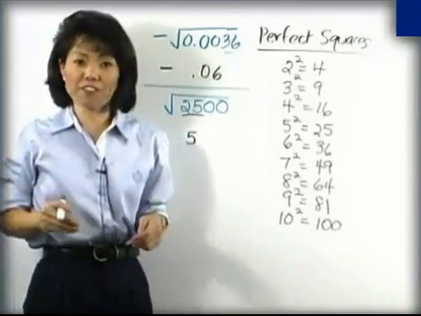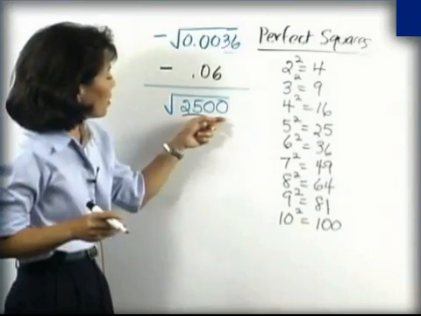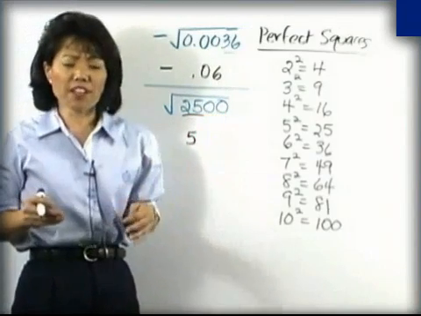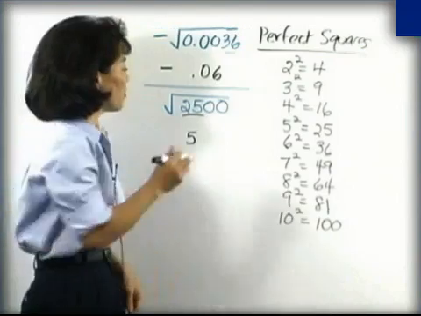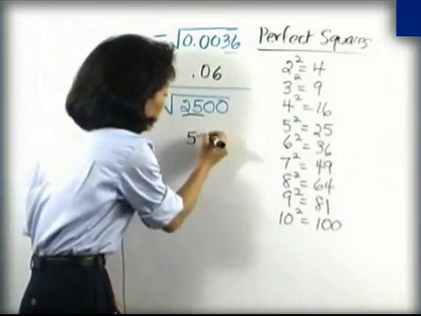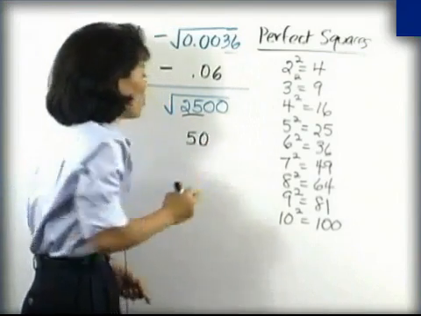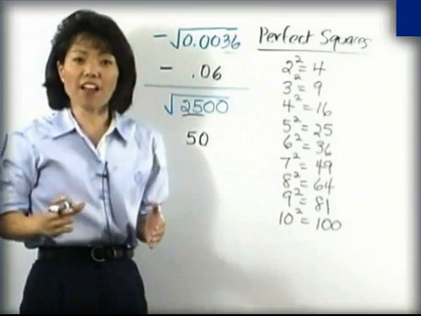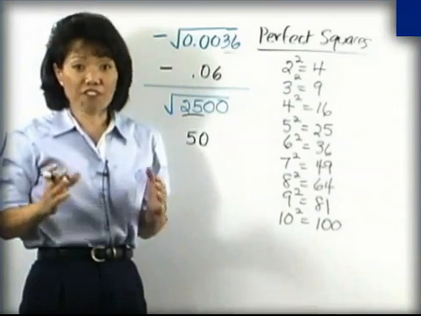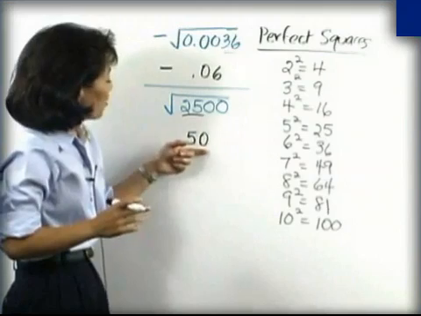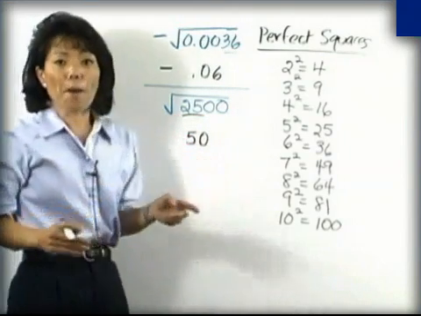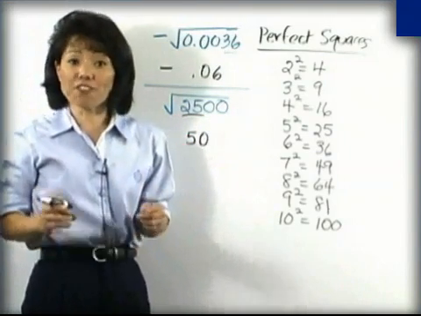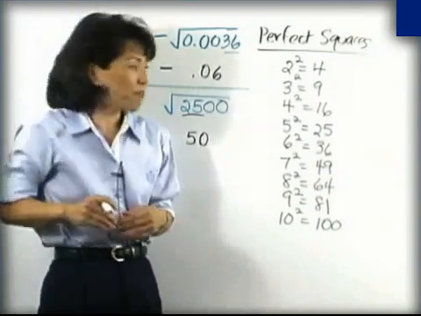But because we have 2,500, we've got a couple of zeros to contend with. So what number times itself is equal to 2,500? Well, since I have 2 zeros and I know that I multiply 50 times itself, that's going to give me 4 positions. I know that the square root of 2,500 is simply 50 because 50 times 50 is 2,500.